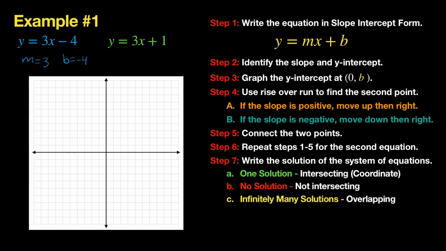For step 3, we're going to graph the y-intercept at (0, b). b is negative 4 for the blue equation. So we're going to go to our origin and we're going to drop 4 units. 1, 2, 3, 4. And that is where our first point is going to be.